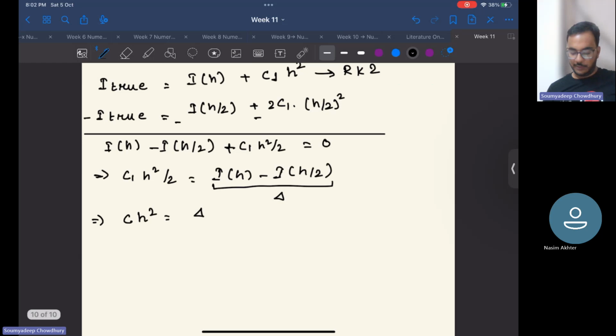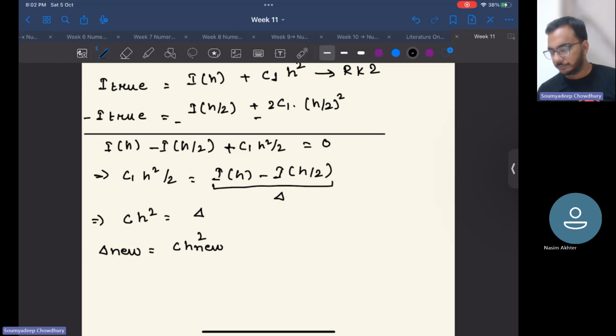Then again, what we do is with a different step size, H nu, we again do the same thing. The same operation, we do it with a different step size H nu. So then basically we will get another delta, which is delta nu. Clear?